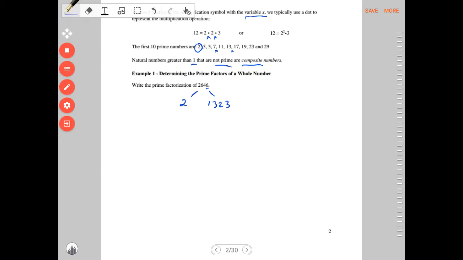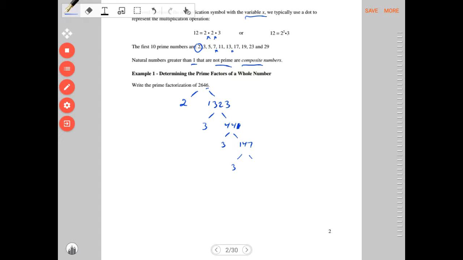That one's not going to be divisible by 2 anymore, but let's try 3, and of course that one works. So it's 441. 441 is also divisible by 3, and that works out to 147.